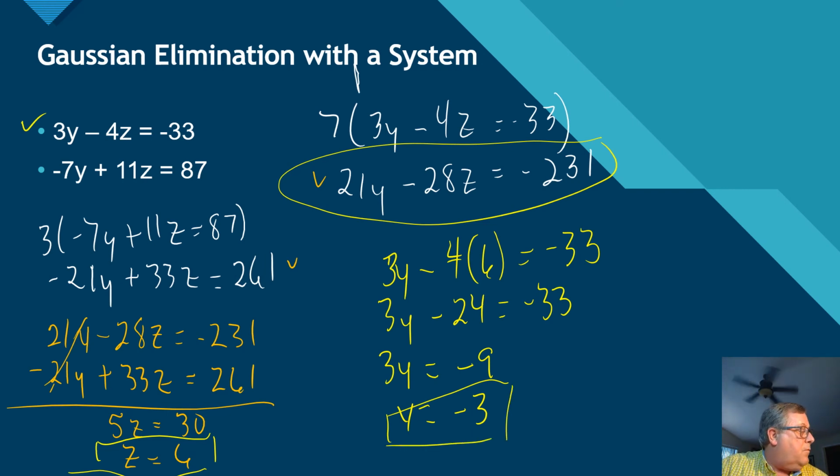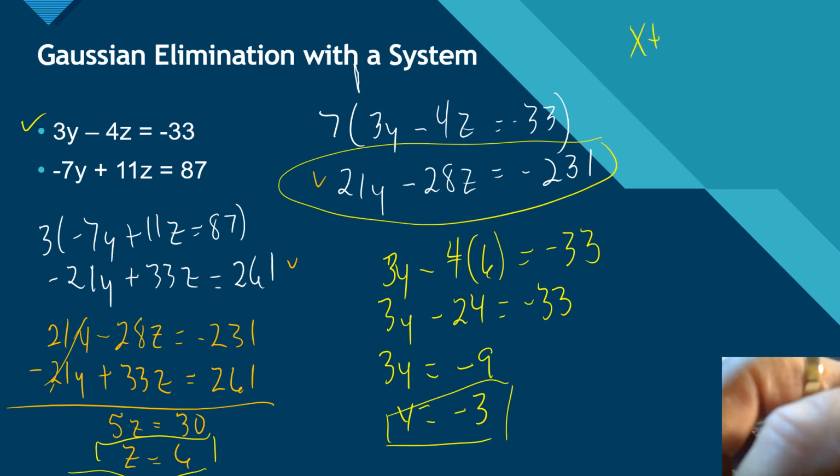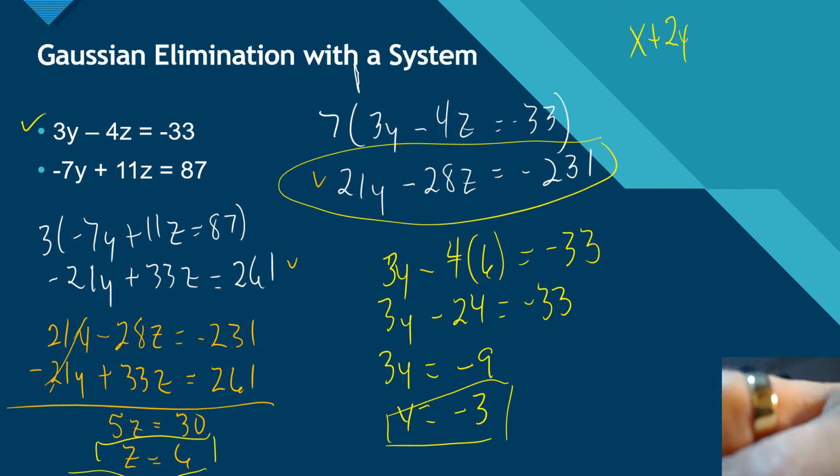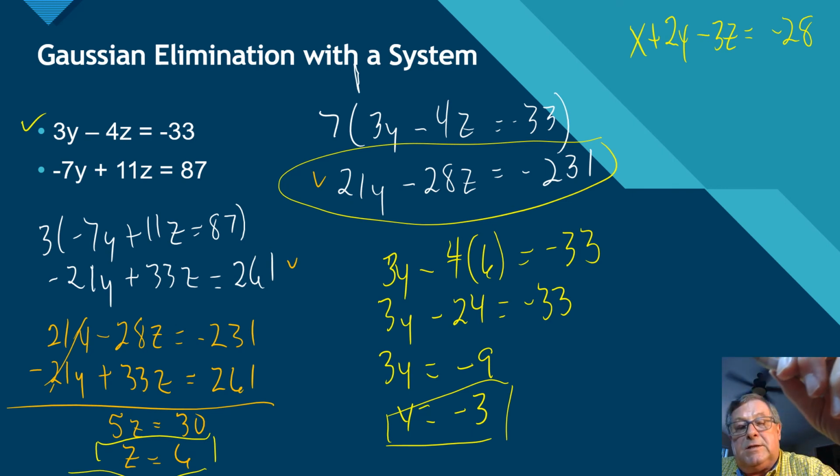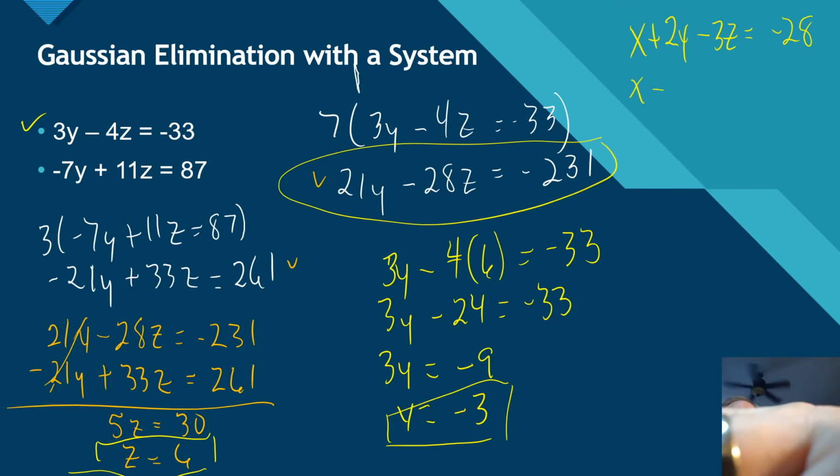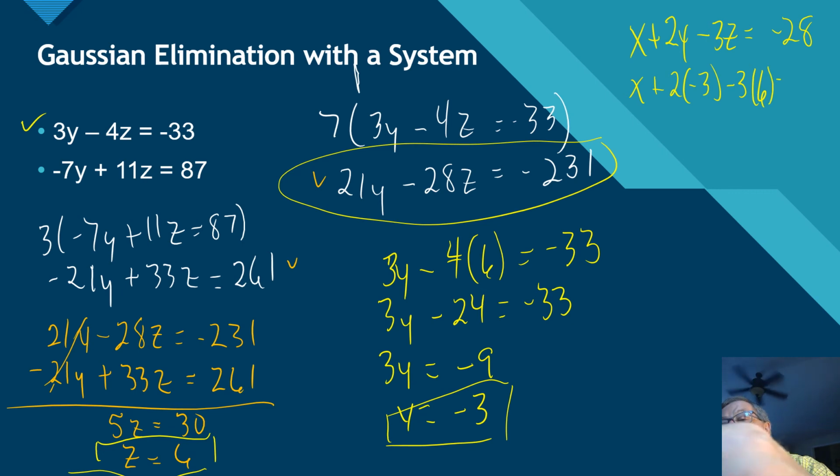And then let's go back to what was one of our first equations, which was x plus 2y minus 3z equals -28. And let's solve for x. So let's substitute in: x plus 2 times -3 minus 3 times 6 equals -28.